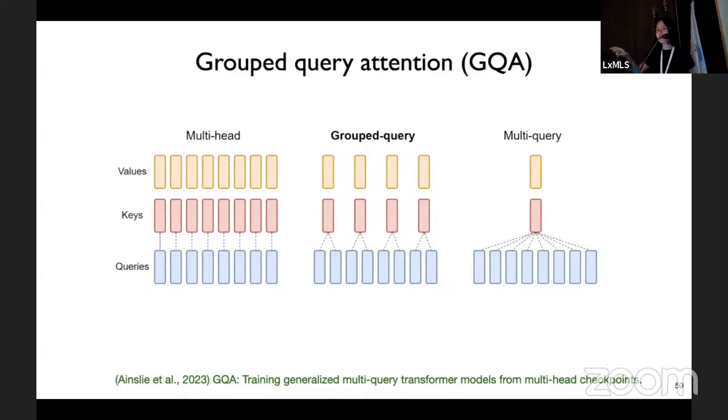For the next group, we use another set of key and value vectors. As you can see from this figure, it's basically a compromise, a trade-off between multi-head attention and multi-query attention. By doing this, you can reduce the KV cache and the memory storage. This has become very popular and one of the default design choices for efficiency.